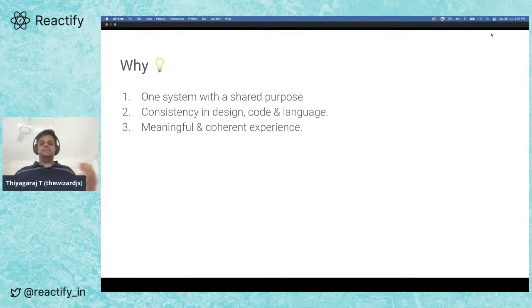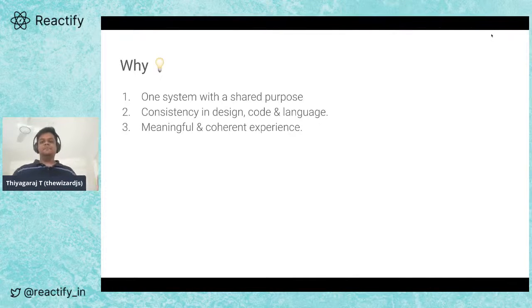Maybe within teams we have different pillars within the company, and you may be belonging to a certain team, but at the end of the day, when you're building a product, it's just one single system the user sees. The user doesn't understand different modules or different sections of your product. Rather, the user perceives one single system, and there should be a shared purpose among all the modules or all the divisions you have within the product.